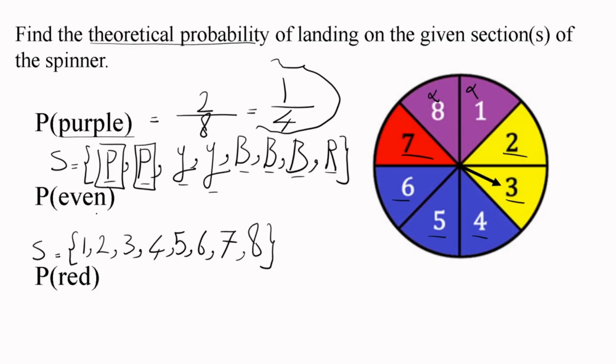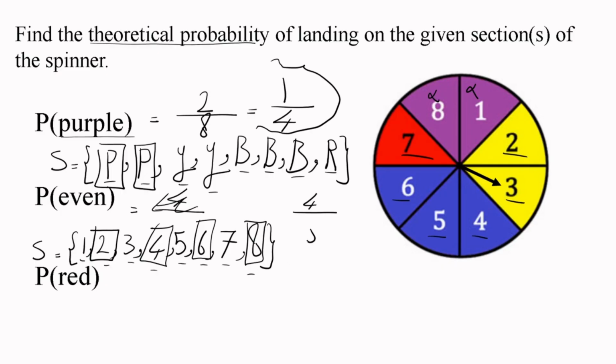What are the favorable outcomes? 2, which is an even number, 4, even number, 6, even number, 8, even number. How many favorable outcomes do I have? 4. How many possible outcomes do I have? 1, 2, 3, 4, 5, 6, 7, 8. So it's gonna be 1 over 2 or 50%.